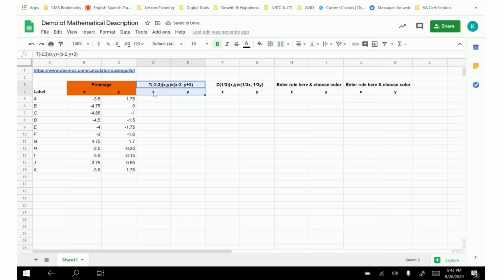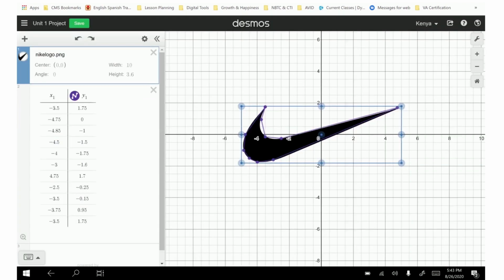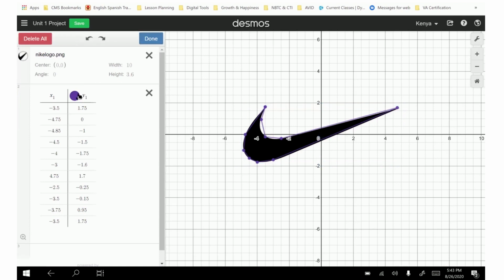So now I need to choose a color. I need to make sure I choose colors that are going to be on Desmos. So let's go to the gear again, and let's click on this so we can see what colors are available on Desmos. I know that my pre-image is orange, so I definitely need to change this to orange. But what other colors are available in Desmos? Red, blue, purple, black, and green.